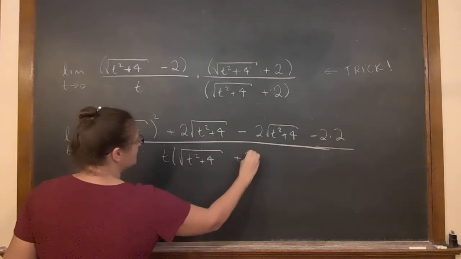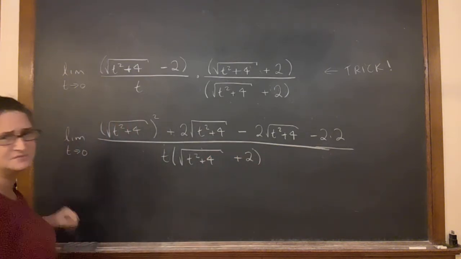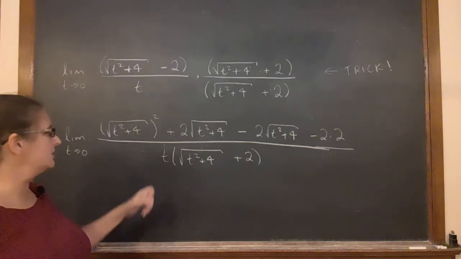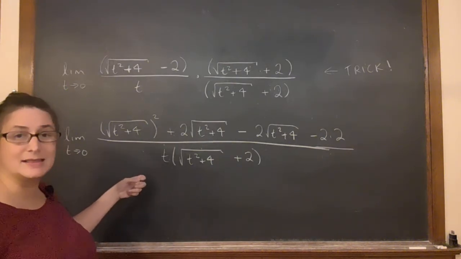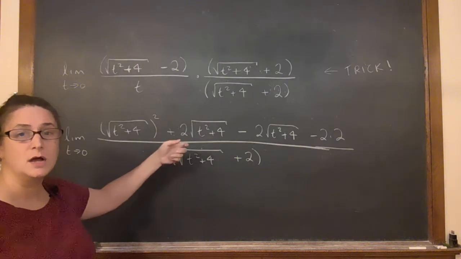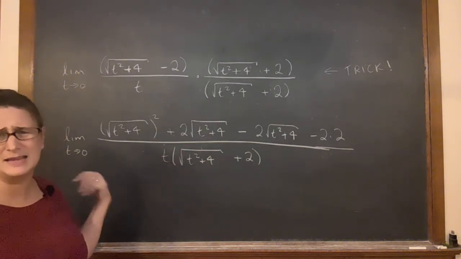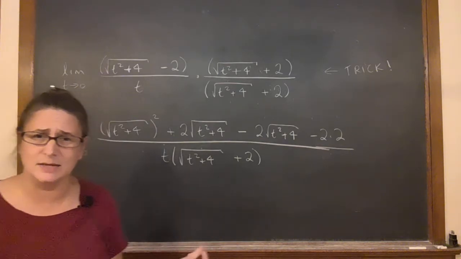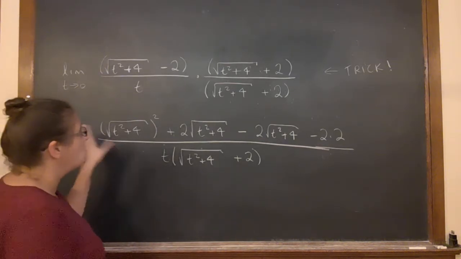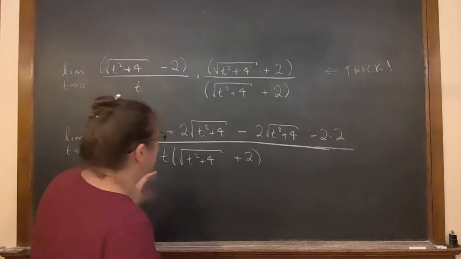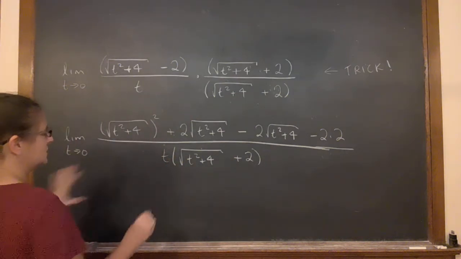And you can mess with the bottom if you want, but I wouldn't. Because my goal is to get rid of this guy, right? I want to cancel out that t. If I start putting him in there, then I'm going to have to take him out again. I'm wasting my time. So I don't do it. I just leave it, right?